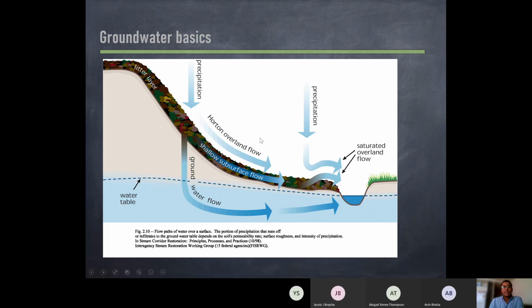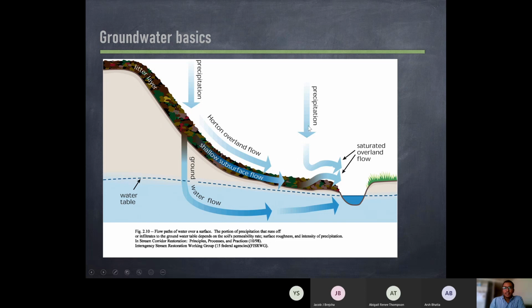You call it Horton overland flow. Then if the land surface is permeable, there would be shallow subsurface flow, and there would be groundwater flow that will replenish the groundwater system.